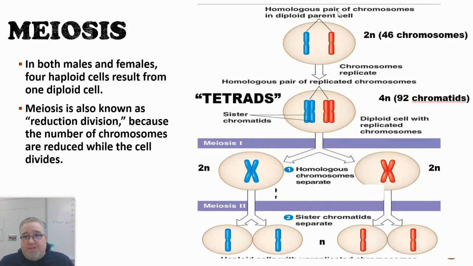We're going from cells that have 46 chromosomes to cells that have 23. So we're reducing the number of chromosomes, even though the cell is dividing. In fact, it divides twice: during meiosis 1, and during meiosis 2. So reduction division, think about what's being reduced as the cell is dividing. That's why we call it that.